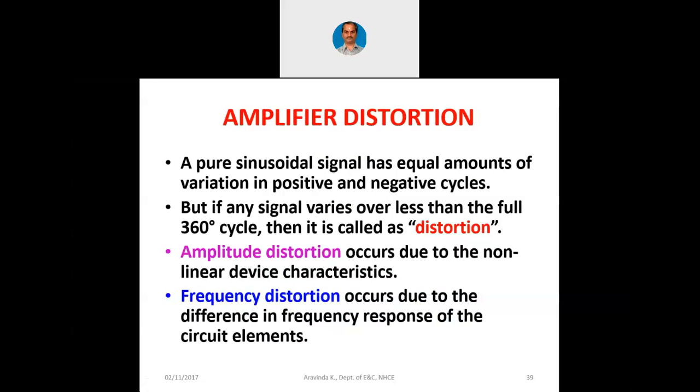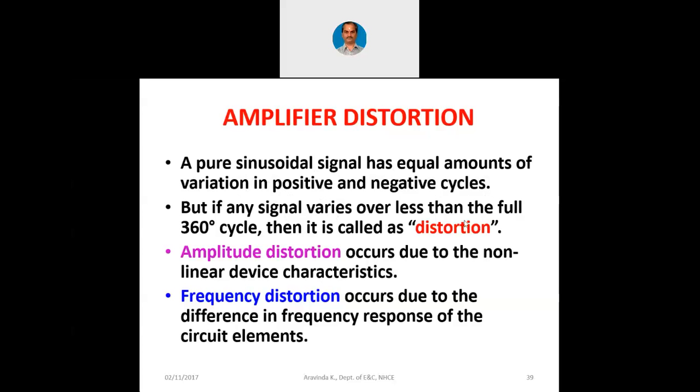And in class B we have already seen one type of distortion called crossover distortion, because that was happening during zero crossover. Now let us define the basic meaning of distortion. A pure sinusoidal signal has equal amounts of variation in positive and negative cycles. This is already known.